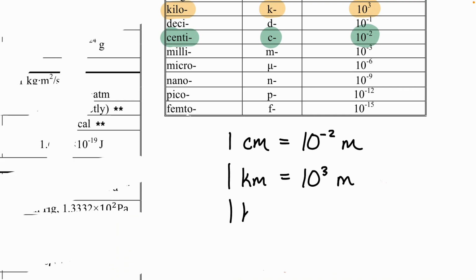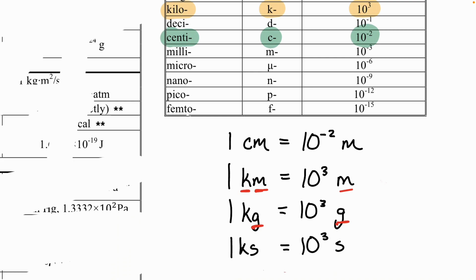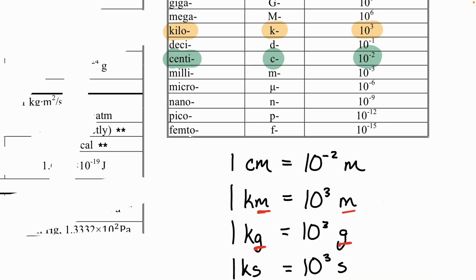Likewise, 1 kilogram is 10 to the 3 grams. 1 kilosecond is 10 to the 3 seconds, etc., etc. All right, you can change the unit on the back end depending on whether you're talking about distance or mass or time or volume. All right, but these prefixes have these set values associated with them. So again, a centi is 10 to the negative 2. A kilo is 10 to the 3.